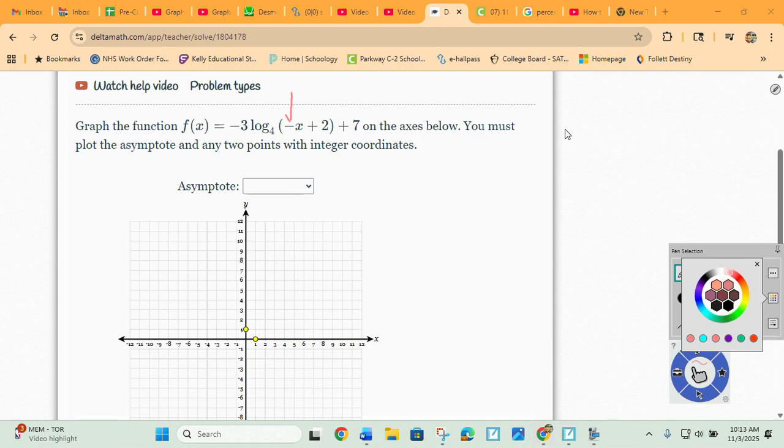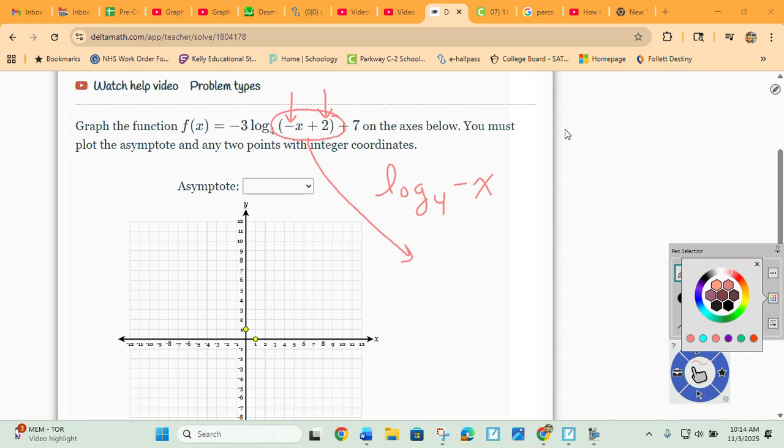See right here, we've got that negative, our x being negative, so we know we're going to flip over the y-axis, but we also have a +2. Now this is different than if we just had this alone and nothing else, we would just go, okay, let's flip over the y-axis, right? But whenever we have something like this, we need to stop and rewrite the problem before we graph.